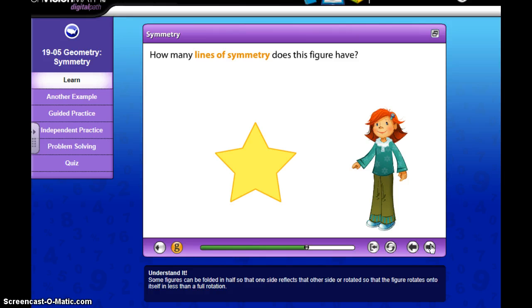How many lines of symmetry does this figure have? Think about it. Aiden thinks he knows. 1. I don't think so. Darius? 5. He says 5. Does that sound more like it?